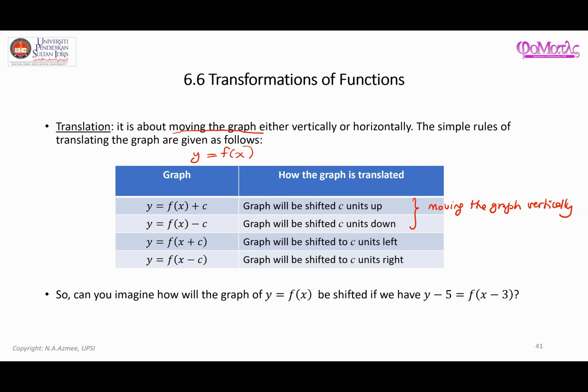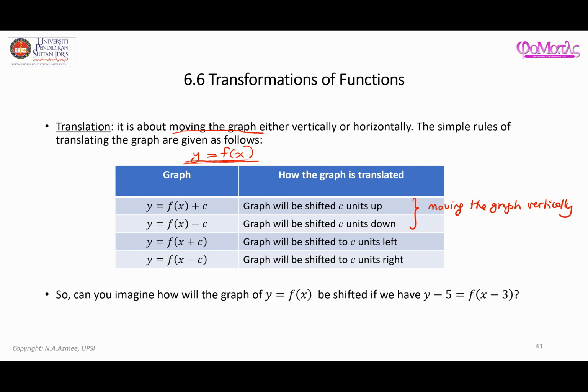Okay, now if c is added inside the function, because the original function is y equals to f(x), that means the graph of y equals to f(x) will be shifted c units to the left.